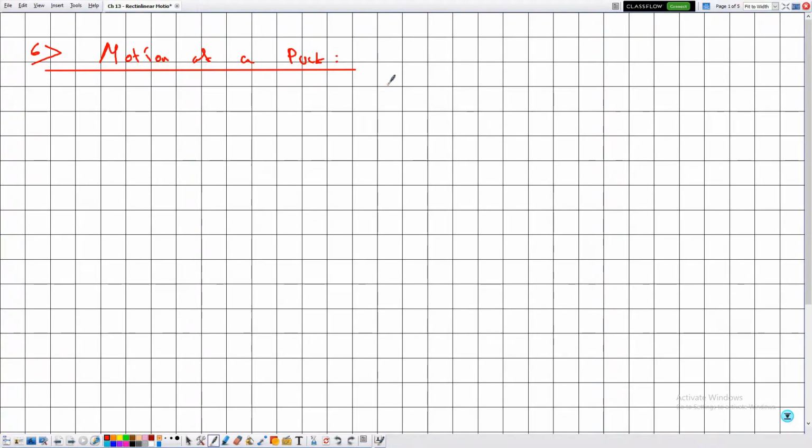So what is a puck? In this case we are considering the puck to be an object.